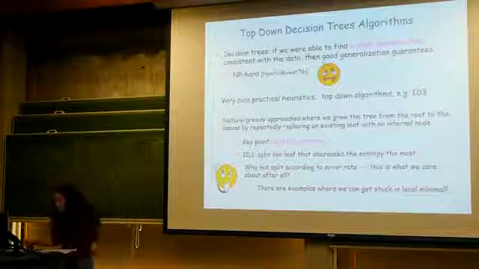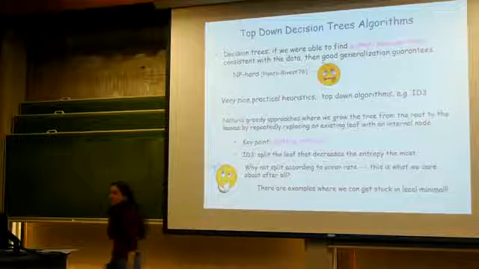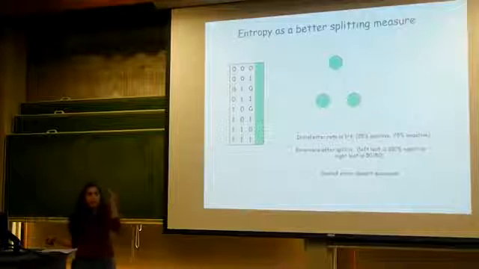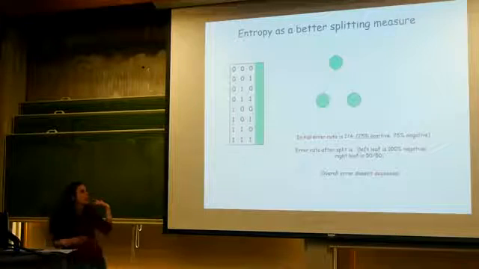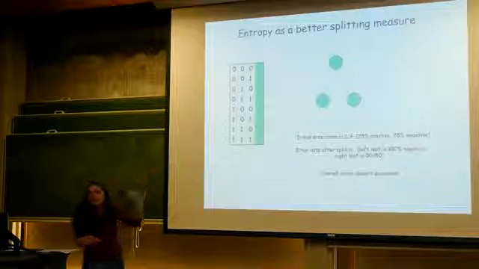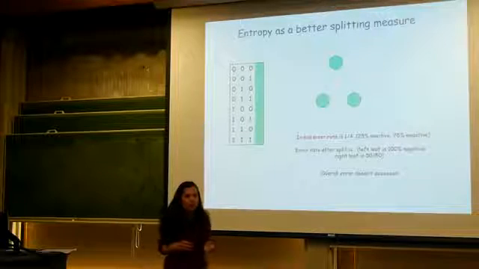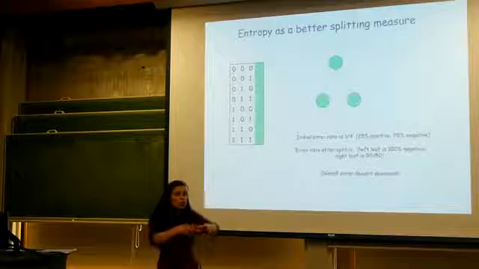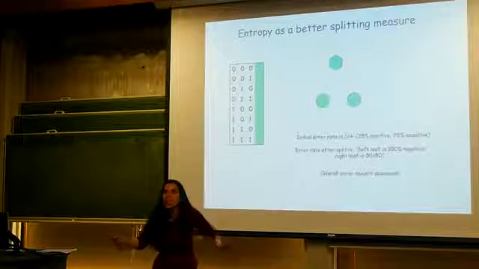I guess the answer to this question is interesting. It turns out that you can get stuck in local minima. I'm not going to go through details, you're going to have an example of this type in your homework, but you can construct very simple examples where the target function is very simple, for example, a conjunction, and where, even if you are at the root, if you are trying to do a split that decreases the error rate, it's just impossible.